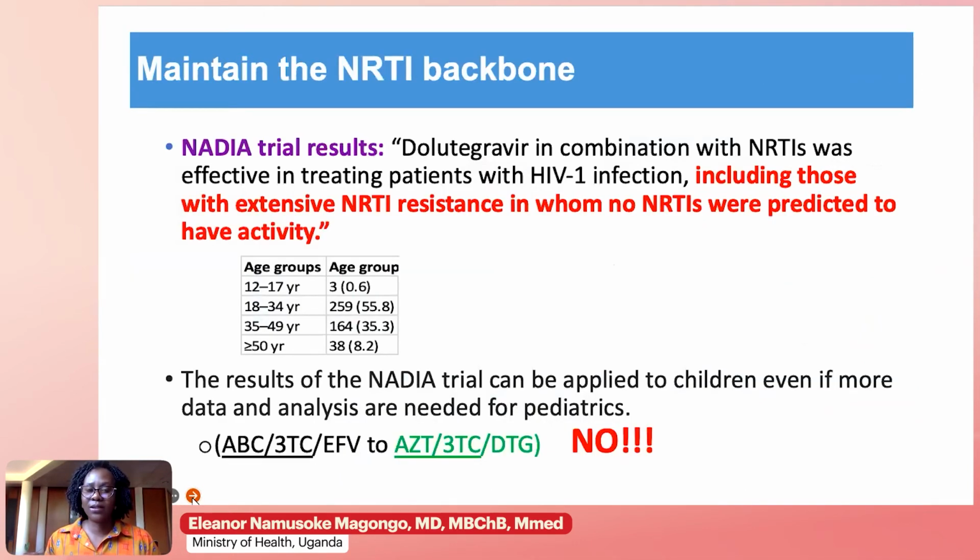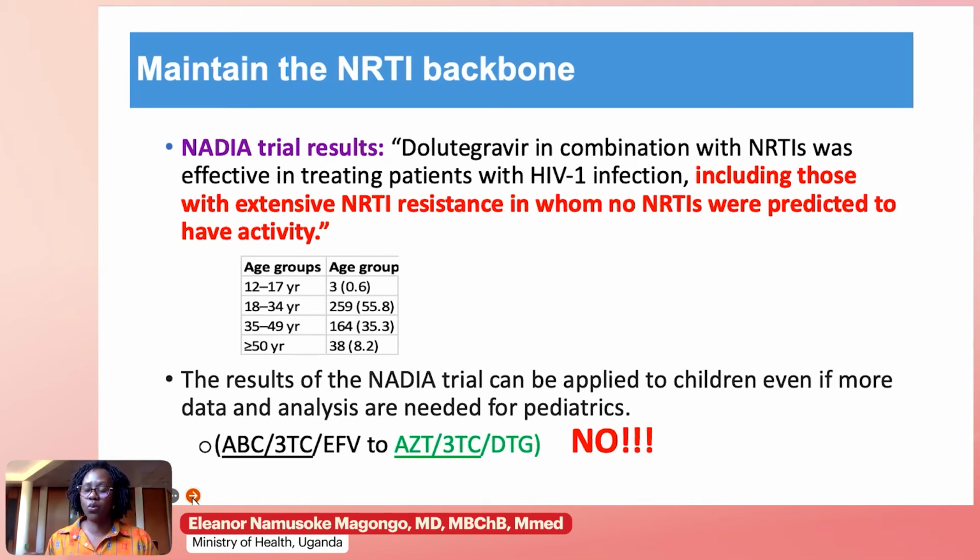When we look at the NADIA study, we know that there were different arms. They wanted to compare patients who get dolutegravir as their anchor regimen and those that get darunavir/ritonavir as the anchor regimen, and they found out that both anchor regimens did very well. They also compared patients where they maintained the TDF/3TC while patients were failing from first to second line.